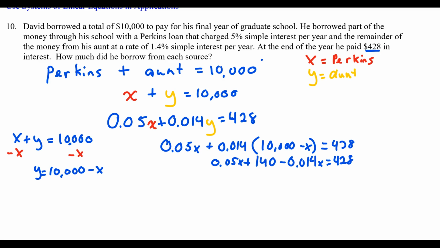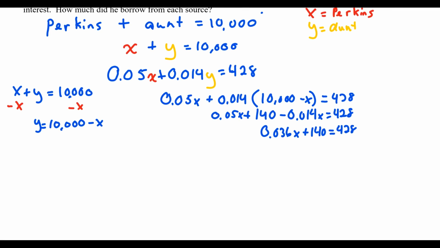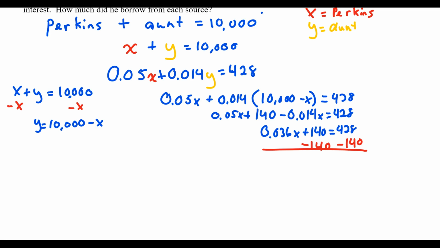So I'm going to combine like terms, and I get that 0.036x plus 140 is equal to 428. So now I need to subtract the 140 from both sides, and I'm going to get that we have 0.036x is equal to 288.